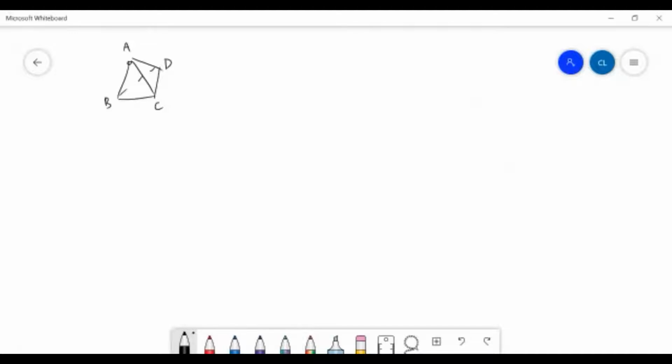I didn't put that in the handout, sorry about that. But yeah, and then it's a question of the probability that the ant is back at A after 4 minutes. So we're talking about a tetrahedron.